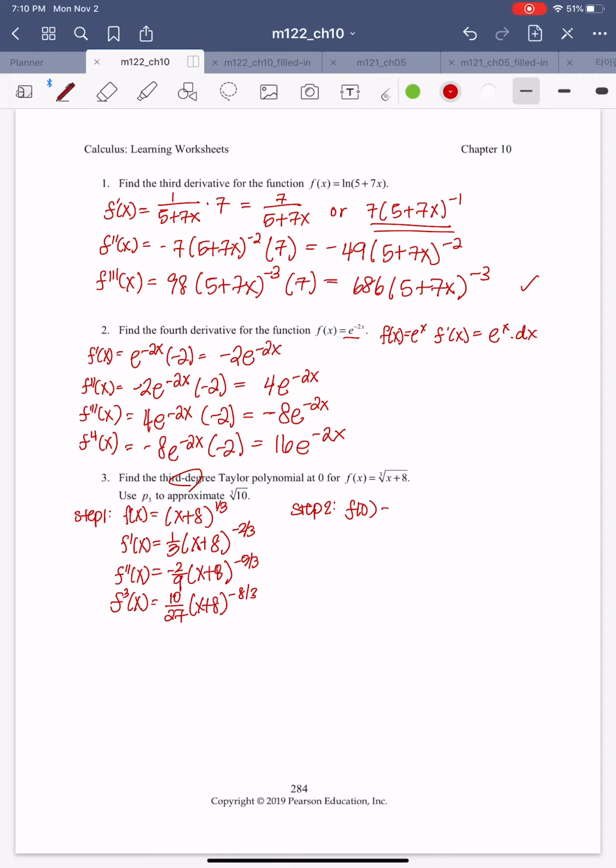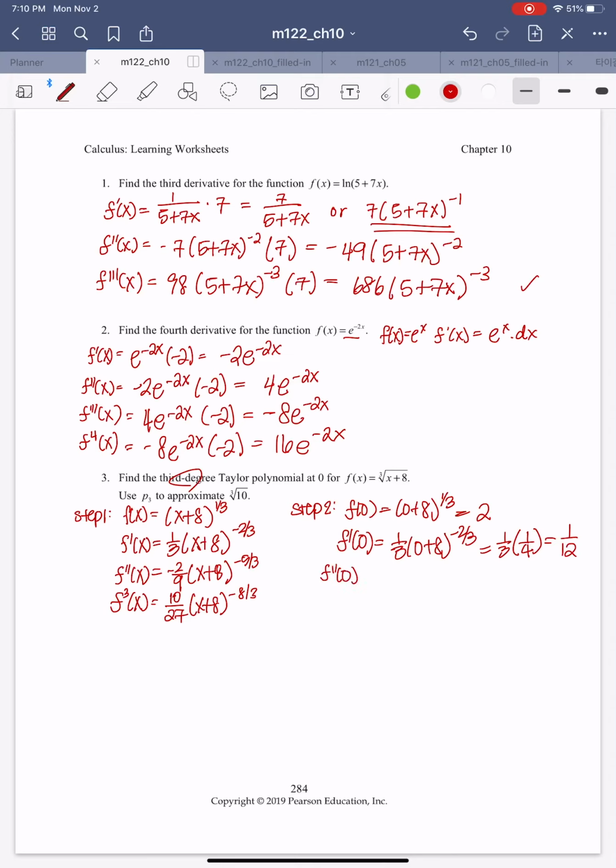So f of 0 is 0 plus 8 to the 1/3, that's 2. f prime of 0, so that's 1/3 times 0 plus 8 to the negative 2/3. You pull out the calculator, 8 raised to the negative 2/3 is 1/4. So I get 1/12.